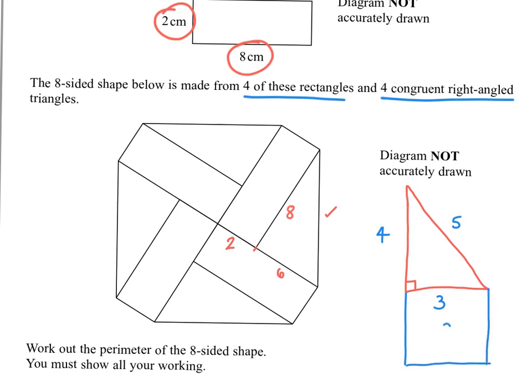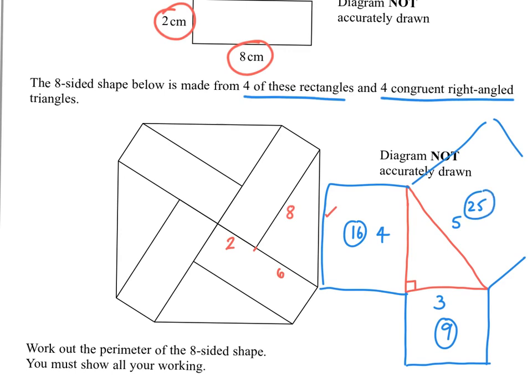So 3 squared is 9, 4 squared is 16, and 5 squared is 25, which will go off the page. But basically, the two smaller areas make the larger area, and a Pythagorean triple is something where there's a nice integer value, say 3, 4, and 5.